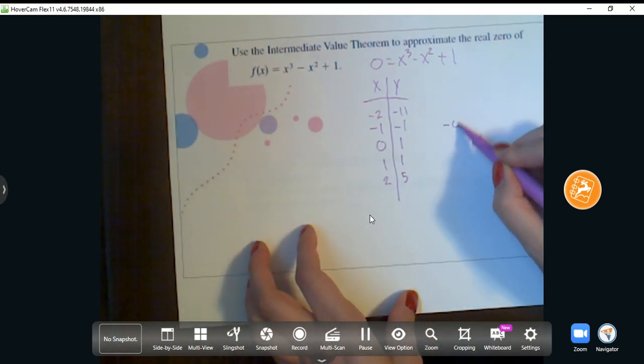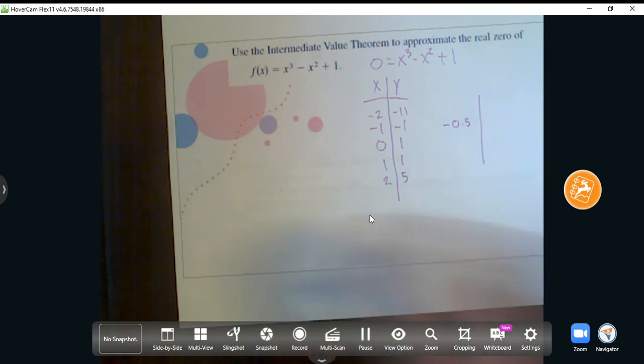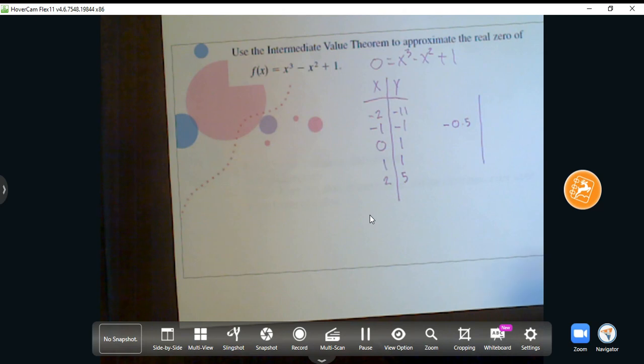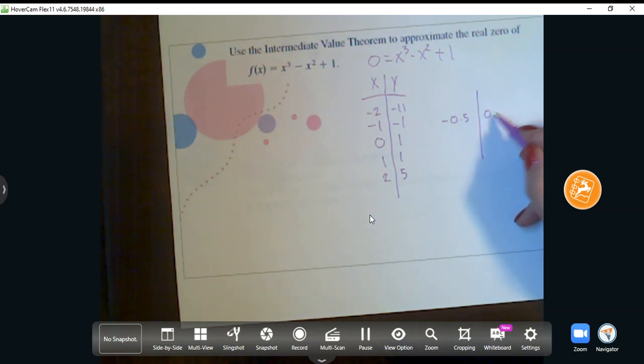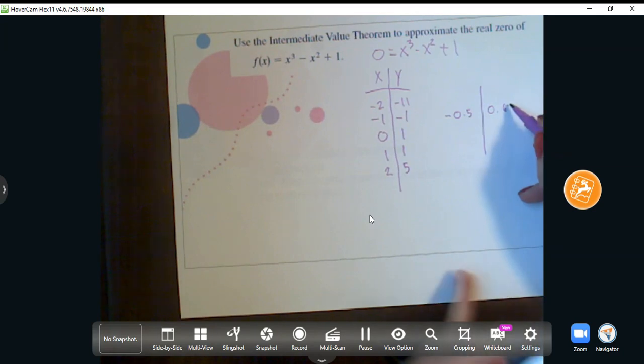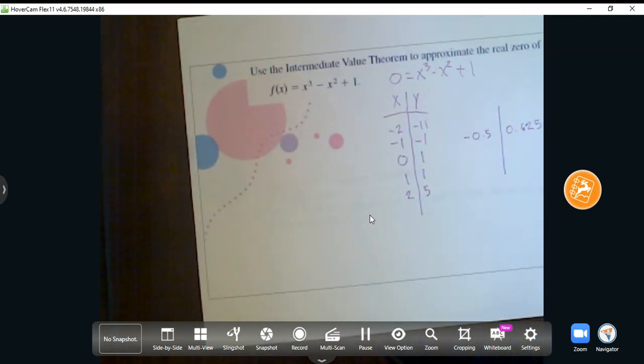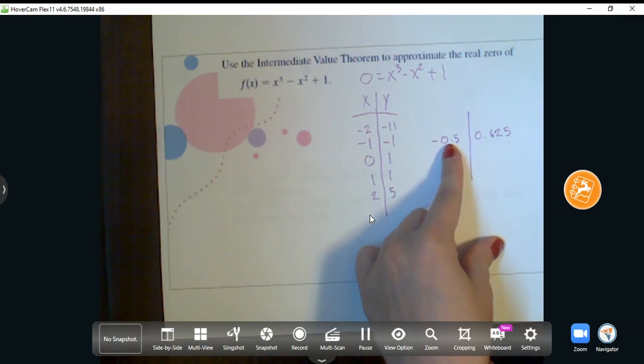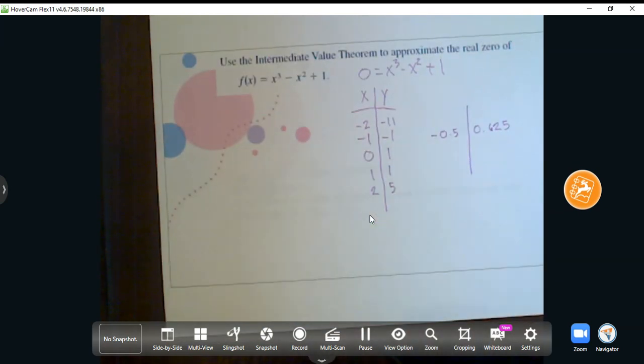So let's go ahead and look at -0.5. I'm going to have to change the step value. And I get 0.625, which is still positive, which tells me that my 0 has to be somewhere in between -0.5 and -1.